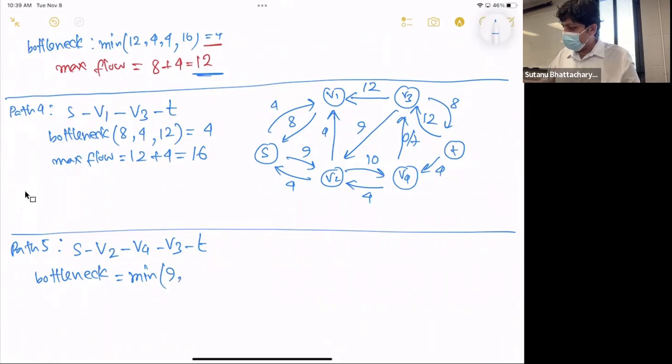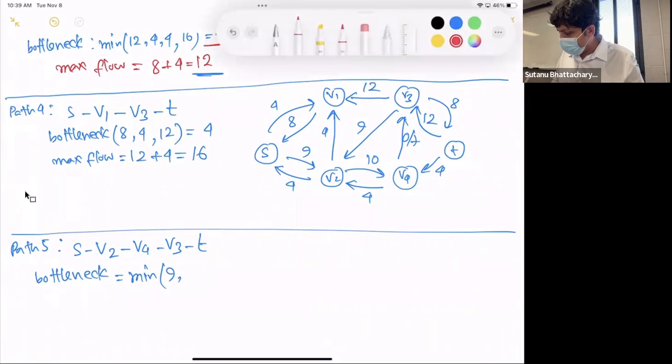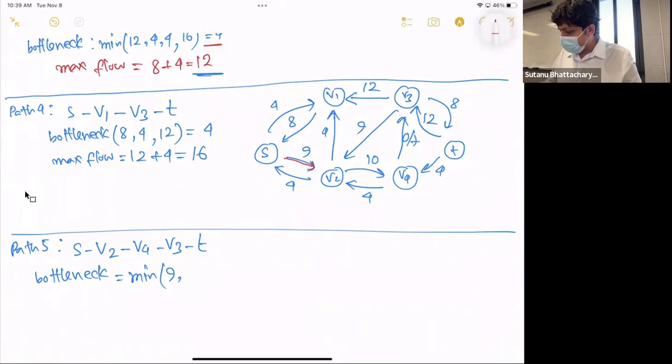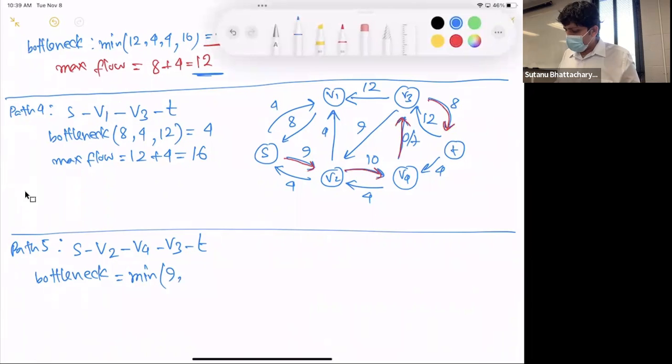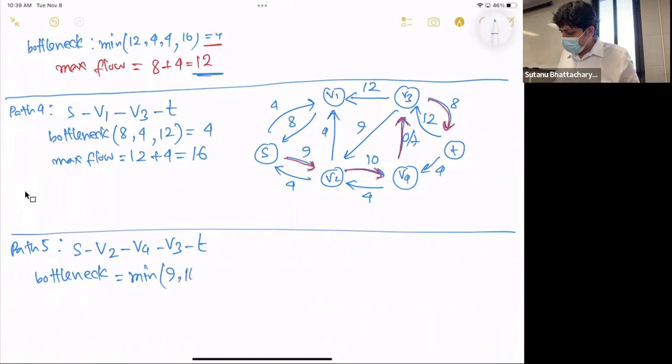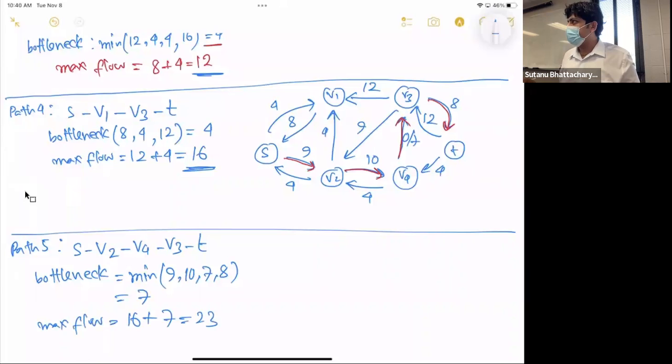We are choosing the path S to V2, then V2 to V4, then V4 to V3, then V3 to T. So the bottlenecks would be 9, 10, 7, 8. The minimum is 7. So max flow, previously 16, plus 7, is 23.